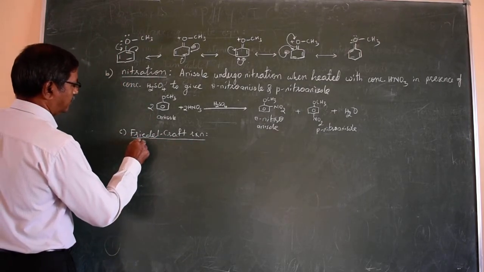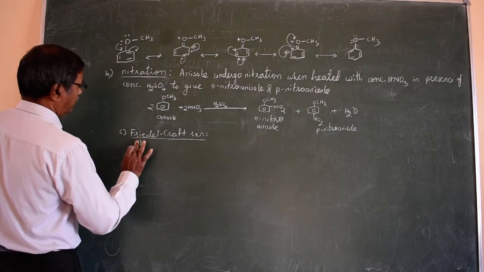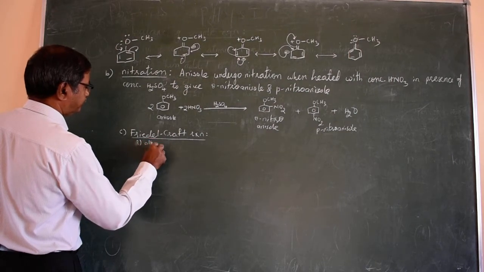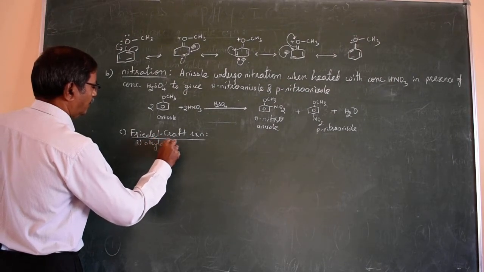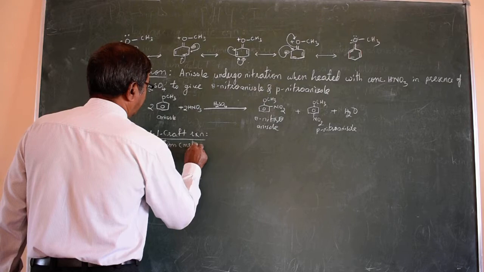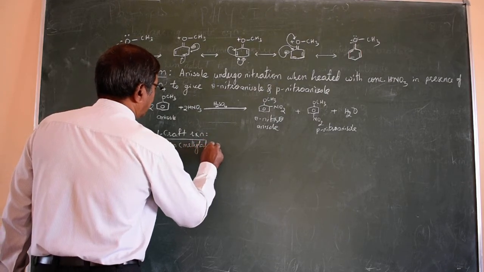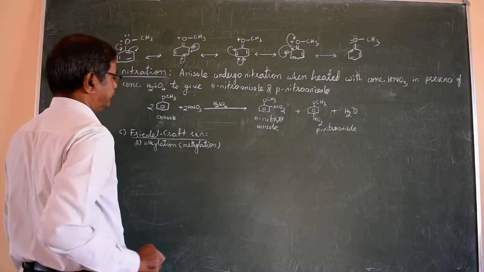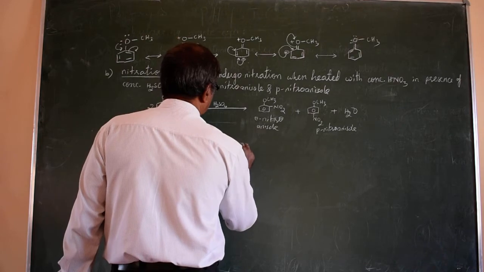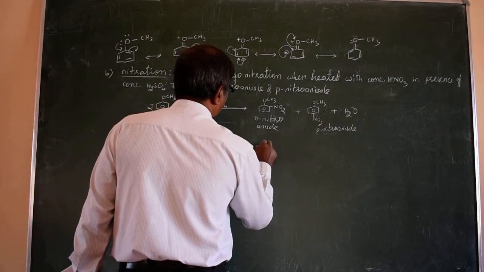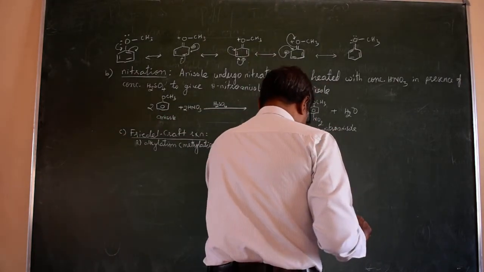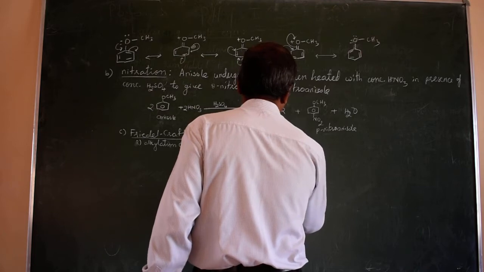I am writing A. One is alkylation. Well, for example, I am writing methylation. Anisole undergoes alkylation.